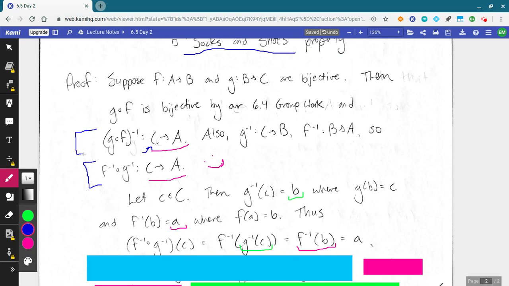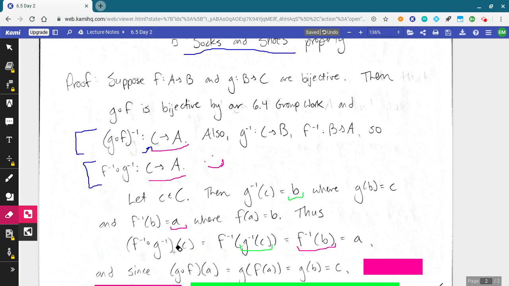Let's check our second function, G composed F inverse.